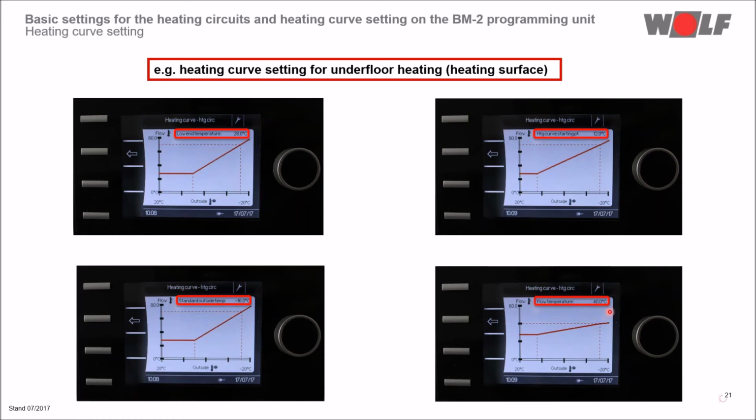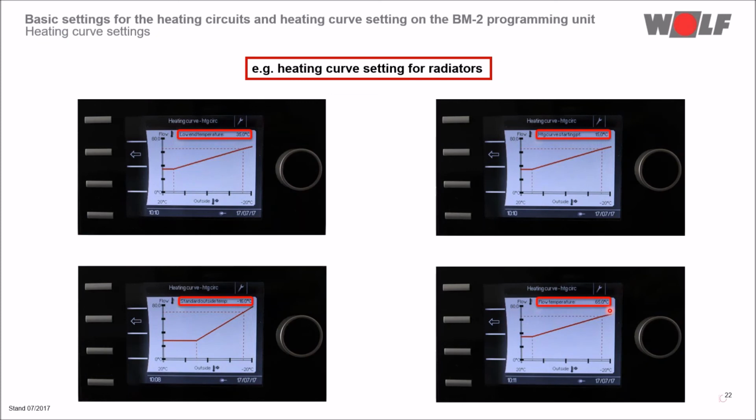Now let's take a look at the heating curve setting for an older building with radiators. We have a low end temperature of 35 degrees and a heating curve starting point of 15 degrees. The standard outside temperature is again -16 degrees and the maximum flow temperature is 65 degrees.